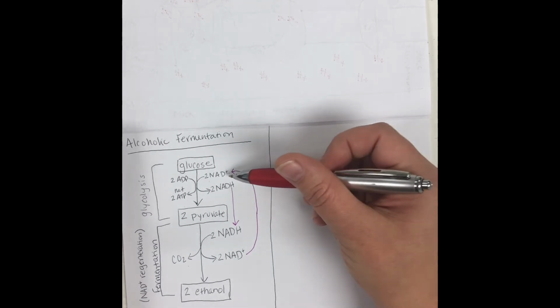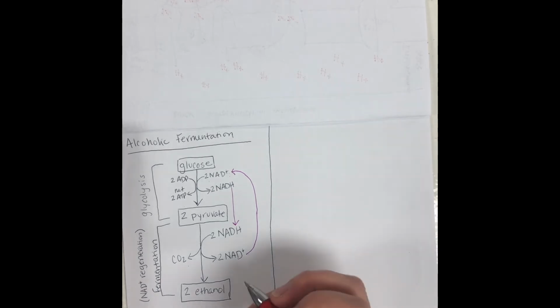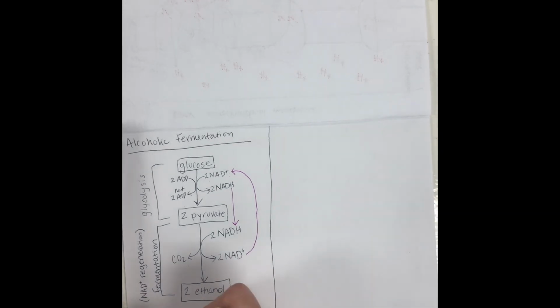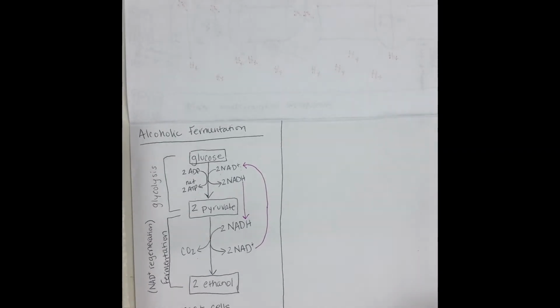We need to free it up so that we can make this 2-ATP. So we're going to write here that this is going to occur in yeast cells. Okay? So that is alcoholic fermentation.